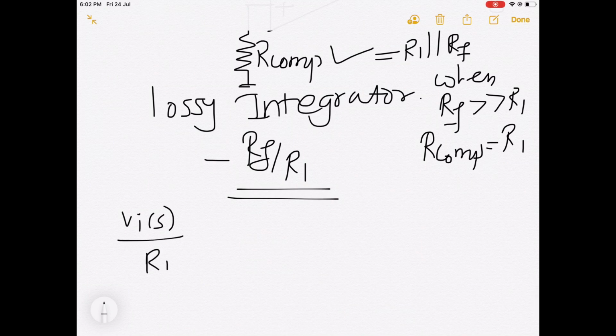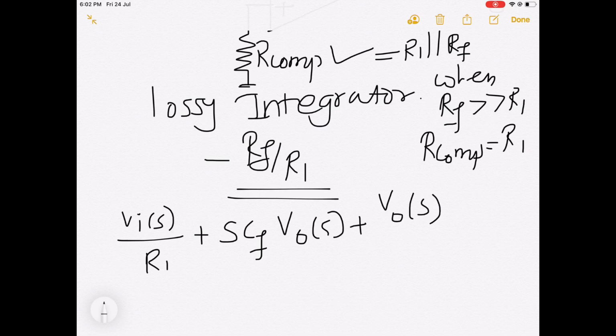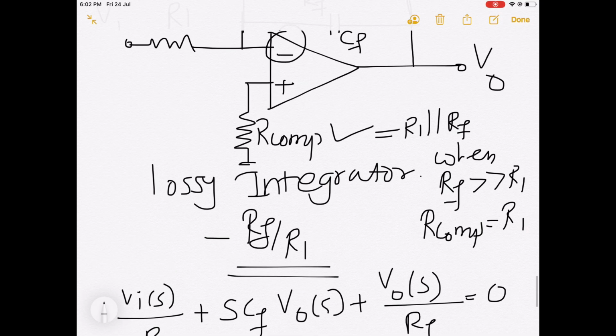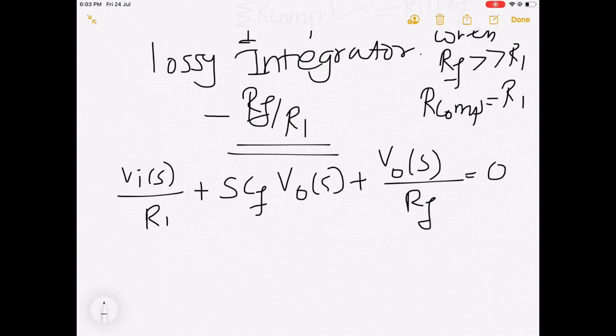So this is the current flowing through R1, plus, writing directly in the frequency domain, S CF times VO of S, this is the output voltage, and then output voltage VO of S divided by RF equal to 0. Okay. So at the inverting input terminal of op-amp, the nodal equation is given by this equation.